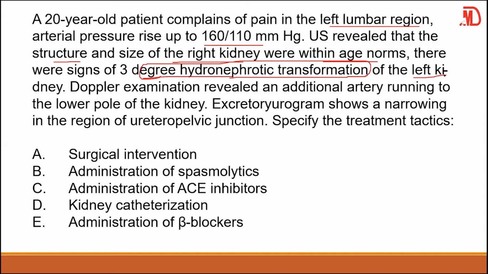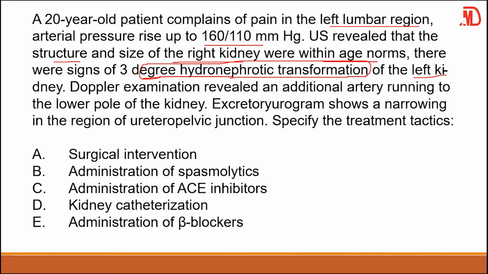So I mean the right, no problem. But on the left, we are having what? We are having hydronephrotic transformation. That means more or less like a dilatation of the renal what? Pelvis and the calyces. Perhaps due to maybe fluid or something like that happening there.